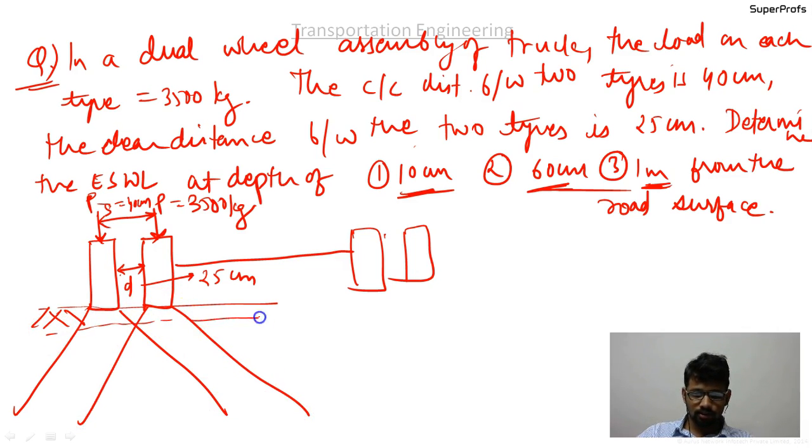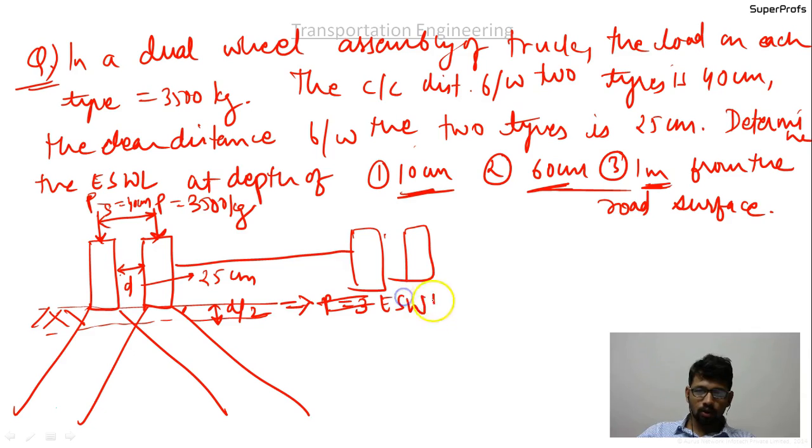So this distance, when it is 45 degrees, comes out to be d by 2, where up to a distance d by 2, the equivalent single wheel load is equal to P itself, that is equal to 3500 kg.